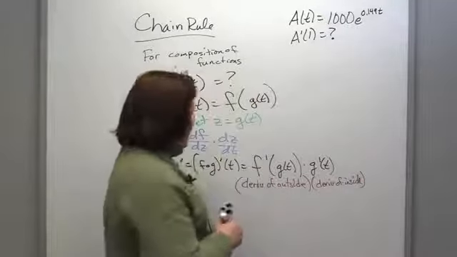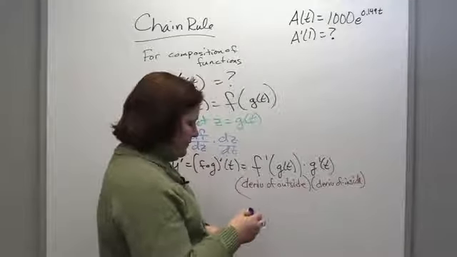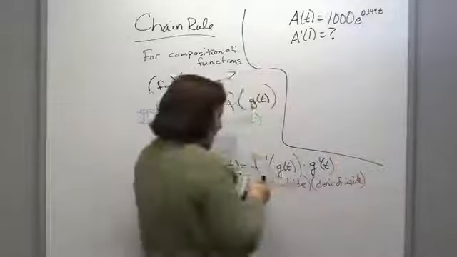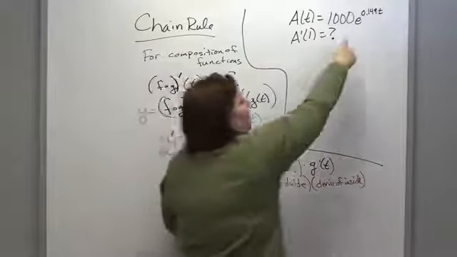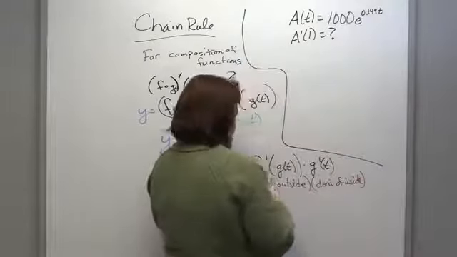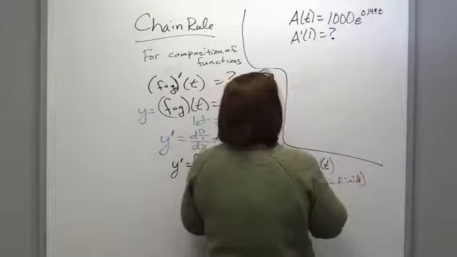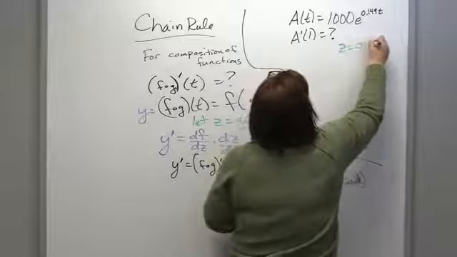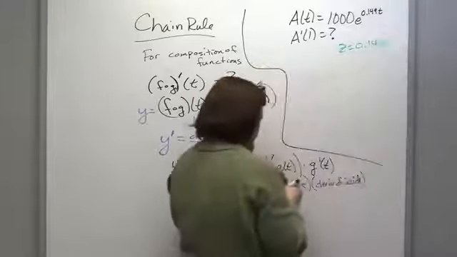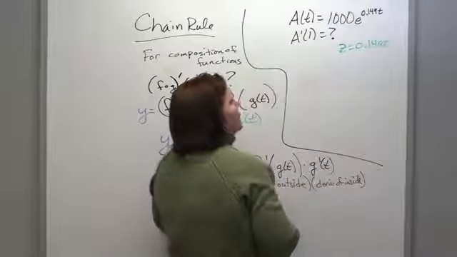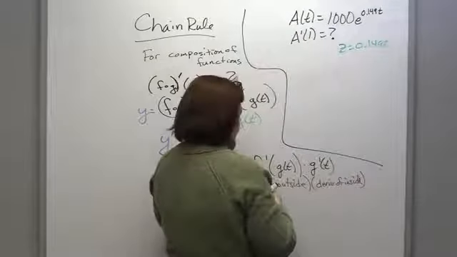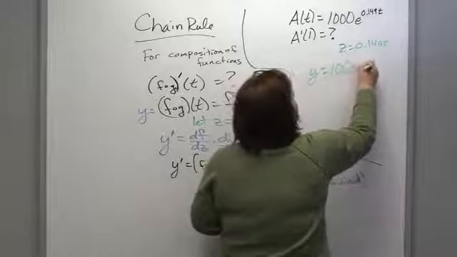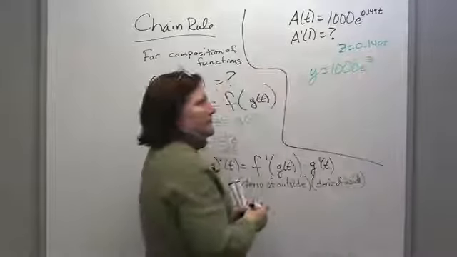So if we go to this problem, I'll block this off. We are going to think of z as 0.149 times t. And so then if I rewrite this, I'm going to write this as y equals 1000 e to the z.